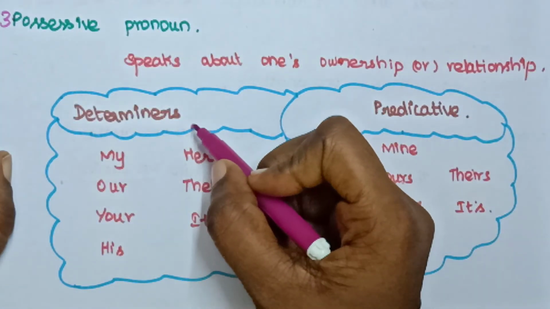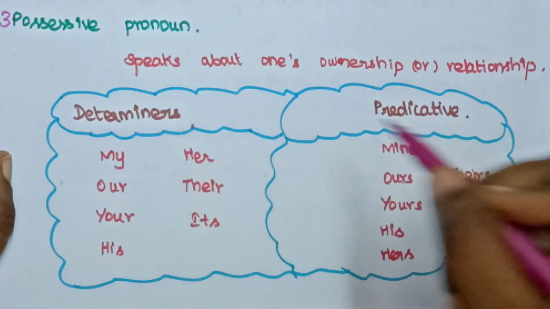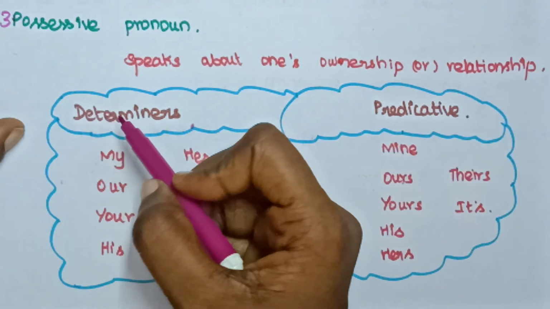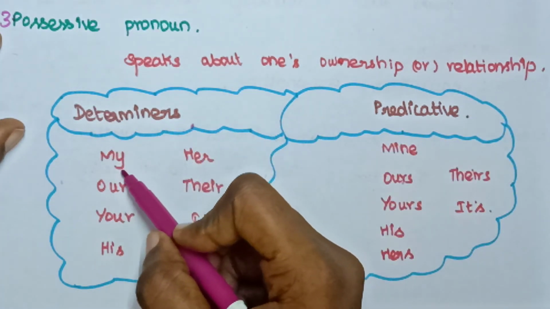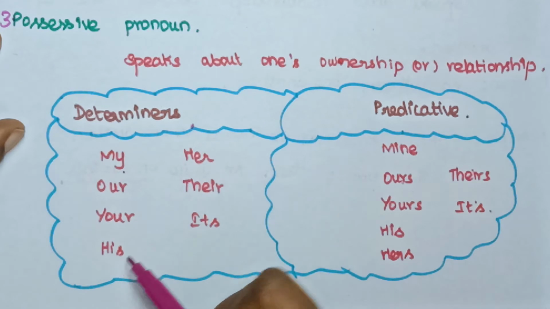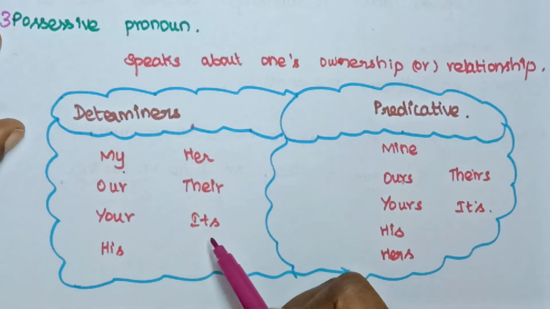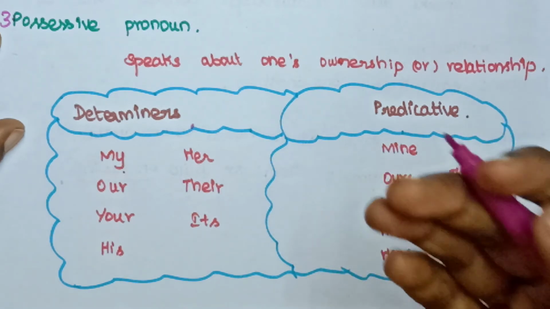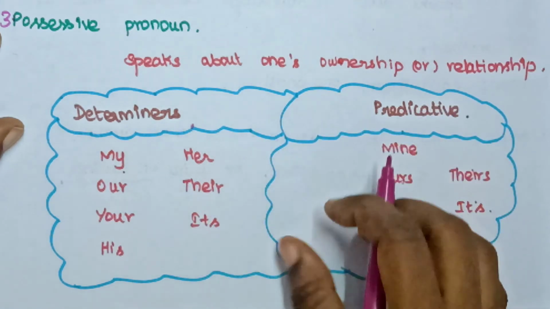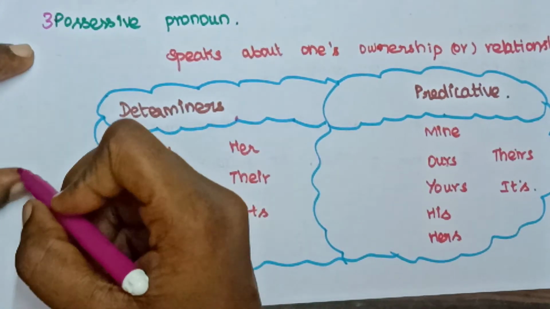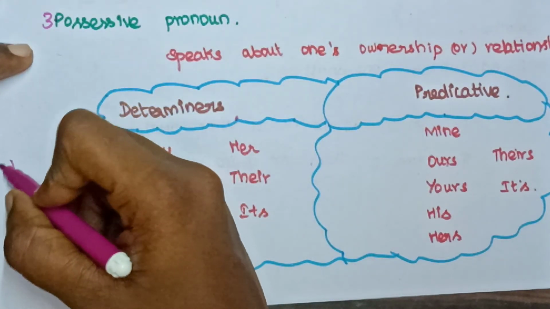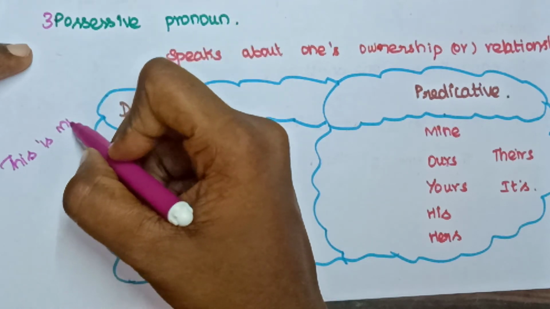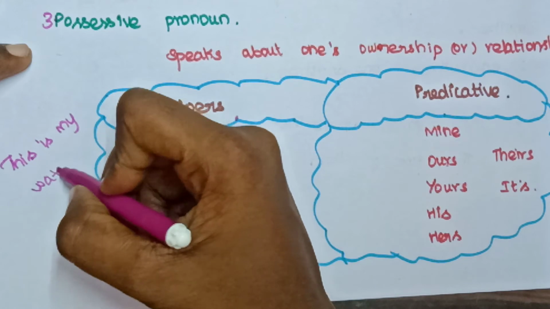See here, the possessive pronoun is classified into two, which are determiners and predicative. First, in determiners, what we have seen: my, our, your, his, her, their, and its. So these are all the determiners. For example, if you are saying a sentence, this is my watch, so it is a possession here.